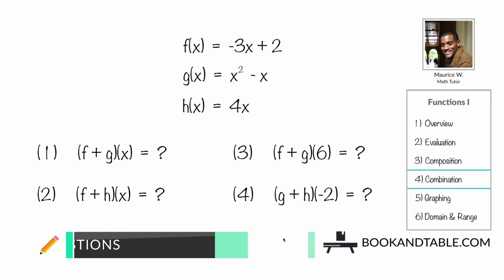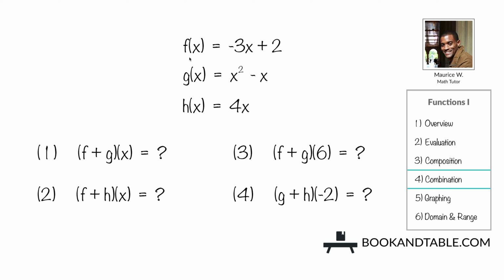Let's now have you try a few practice questions. F of x is equal to negative 3x plus 2. G of x is equal to x squared minus x. And h of x is equal to 4x. Question number 1. F plus g of x is equal to what? Question number 2.